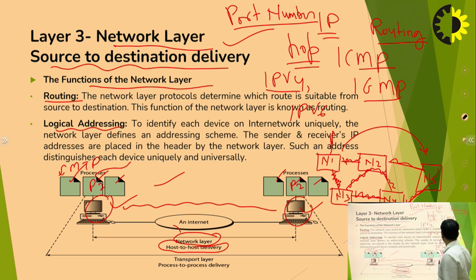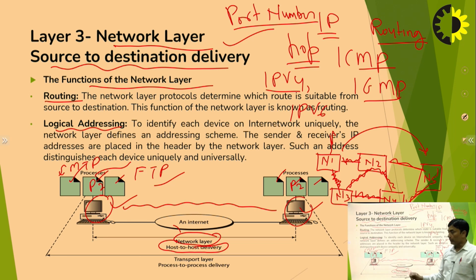Another may be busy in DNS, domain name system. So this port number defines the unique services that are running on the system. That means for each and every system and each and every service, there is a unique number known as the port number.